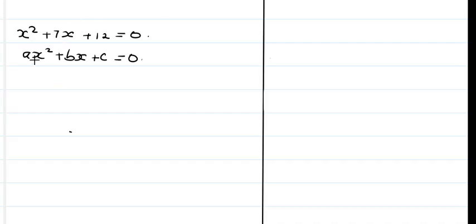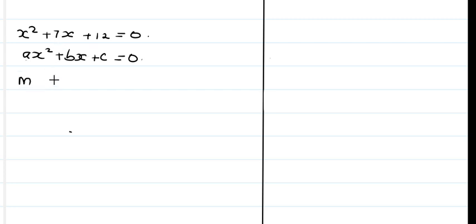The equation is in this form of a quadratic where a is the coefficient of x squared, and in our case it is 1, then b is the coefficient of x, and then c is this 12 here. So if I want to factorize this equation, the first thing I want to do is to look for two numbers.